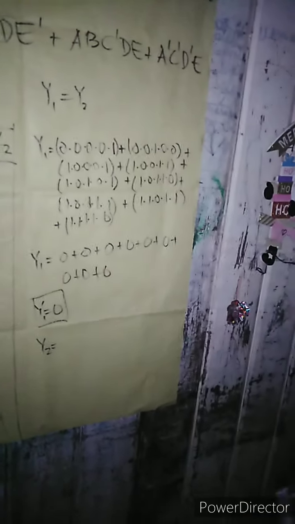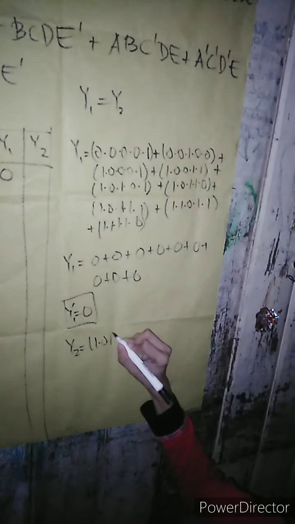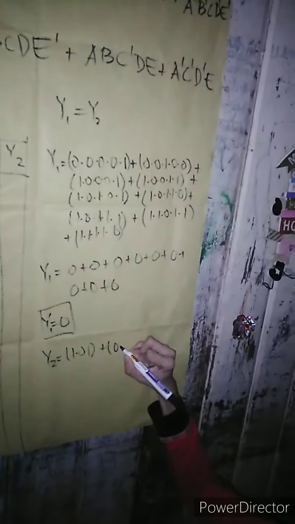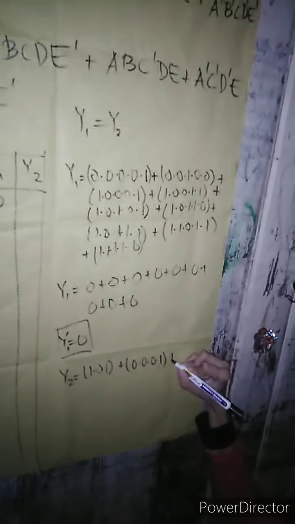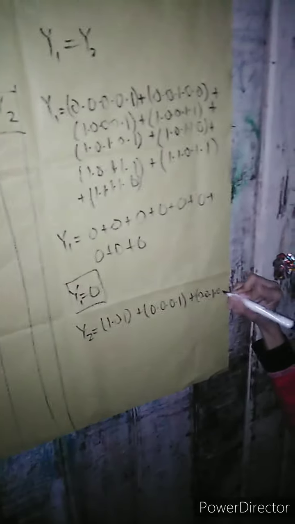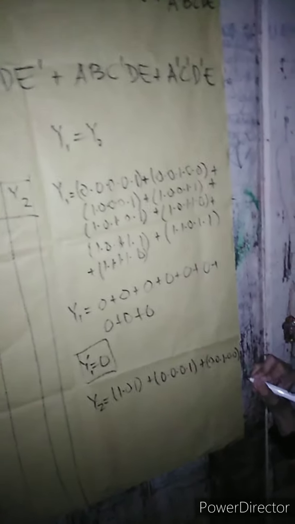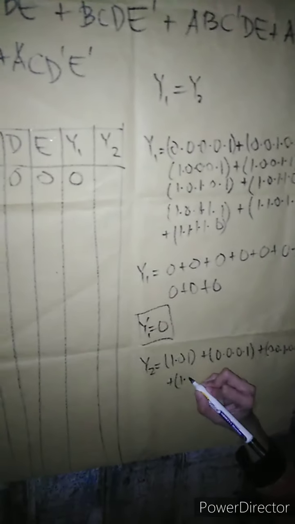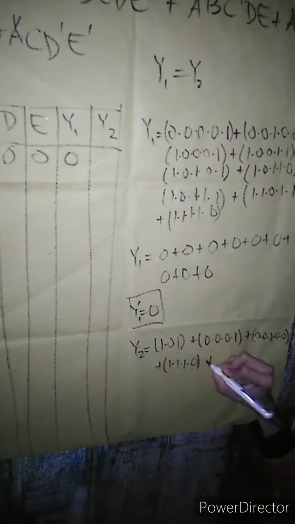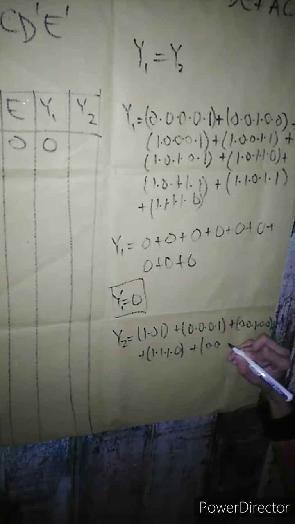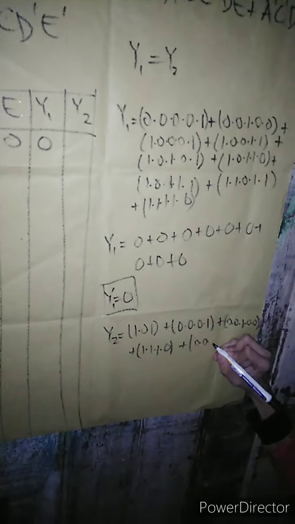For Y sub 2, let's also check the state for this one. We will have A prime, B, E prime, or B, C, D, E prime, or A, B, C prime, D, E, or A prime, C prime, D prime, E, or A, C, D prime, E prime.